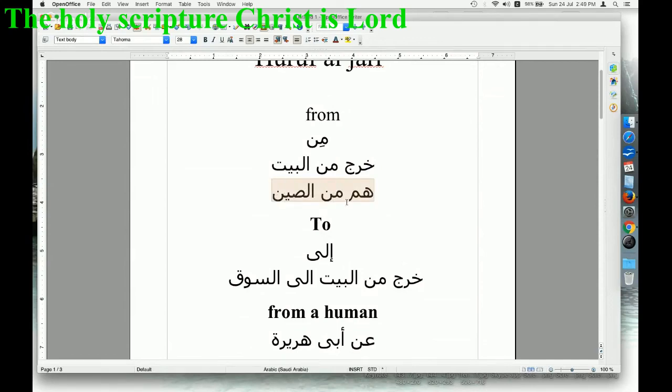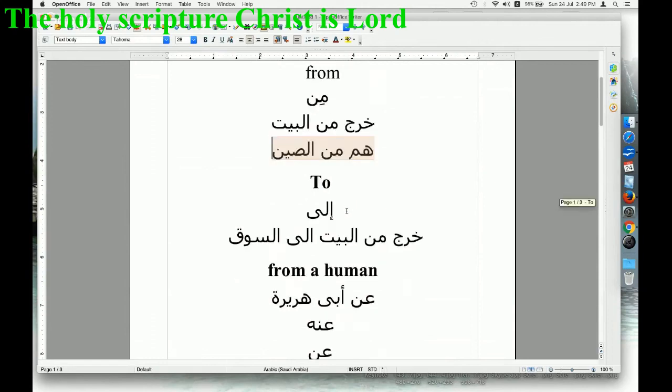We go to "to", which is equal to إلى. I made a sentence here containing من and إلى at the same time: خرج من البيت إلى السوق. He left from home to the market. So من presents "from", إلى presents "to". I remember إلى has a hamza underneath, but I could not write it with my keyboard.